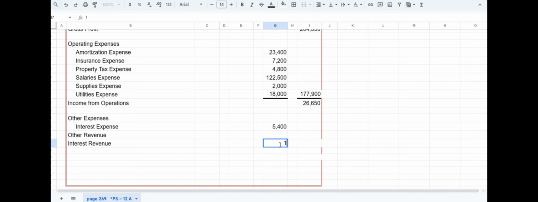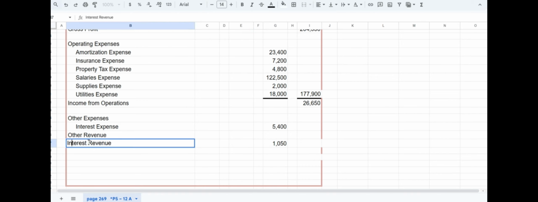So what we want to do is revenue minus expenses.